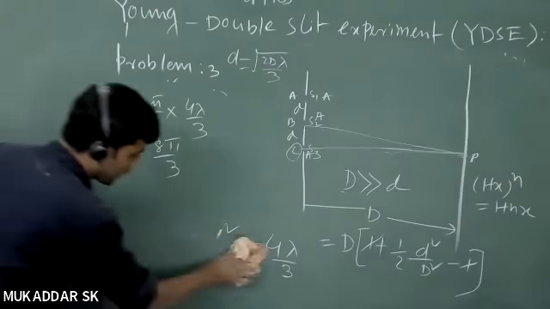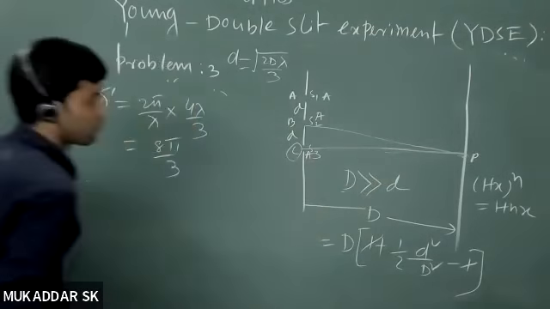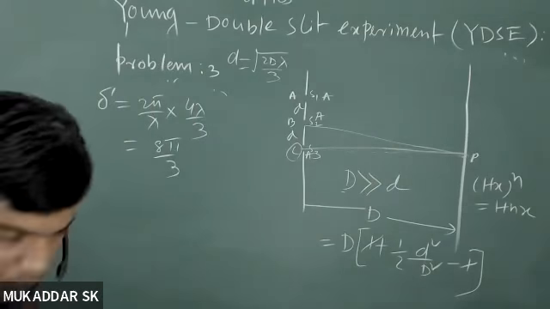Okay. Now I can write the amplitude formula for point P. So E at point P will be how much?